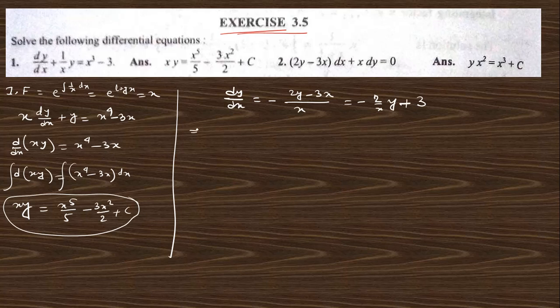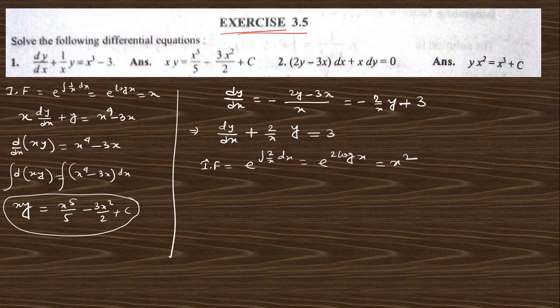This term taken to the left hand side, that is dy/dx plus (2/x)y is equal to 3. So this is P(x), so the integrating factor will be e to the power integration of 2/x dx, and this is nothing but e to the power 2 log x, so this becomes x square.